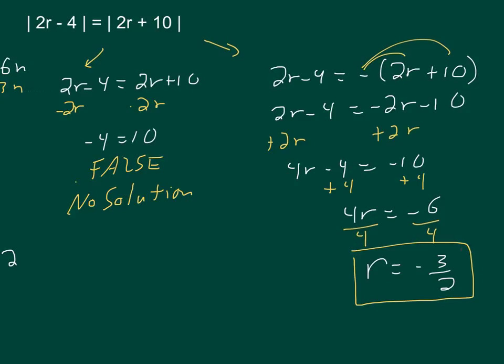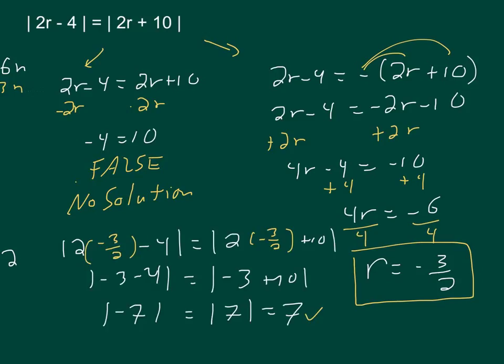When we go through and solve that, we get r equals -3/2, or -1.5. Plugging in to do our check, we should see that it ends up working out. Let's double check. So our check confirms that we end up with the absolute value of -7 equals the absolute value of 7, which both of them are 7. So this equation actually has one solution, just like the previous one.